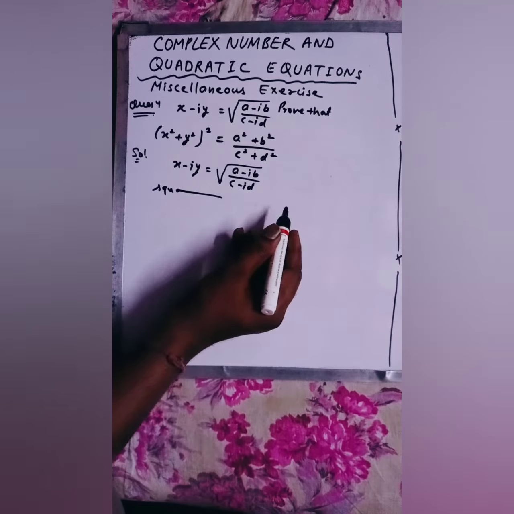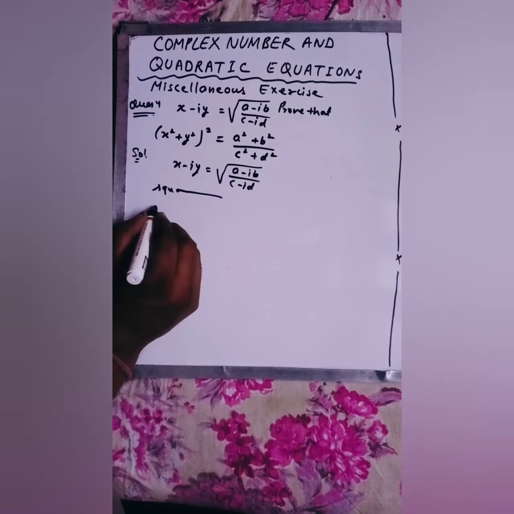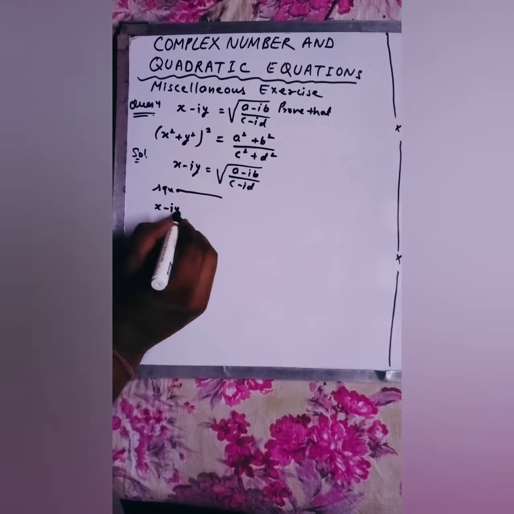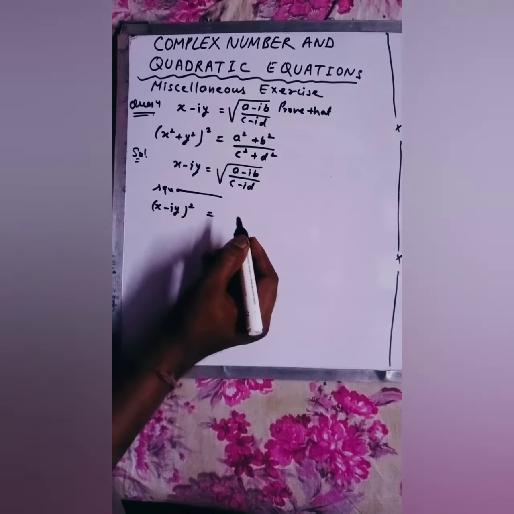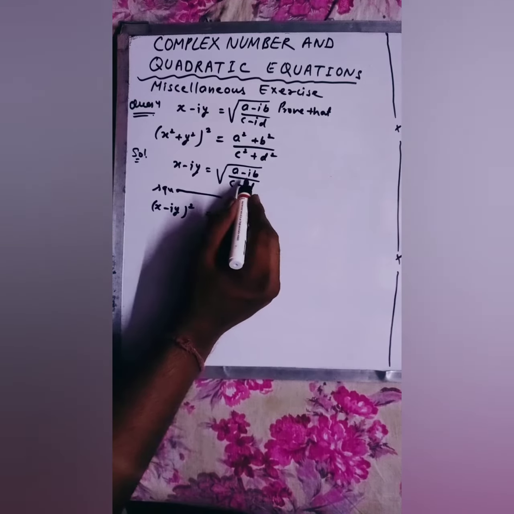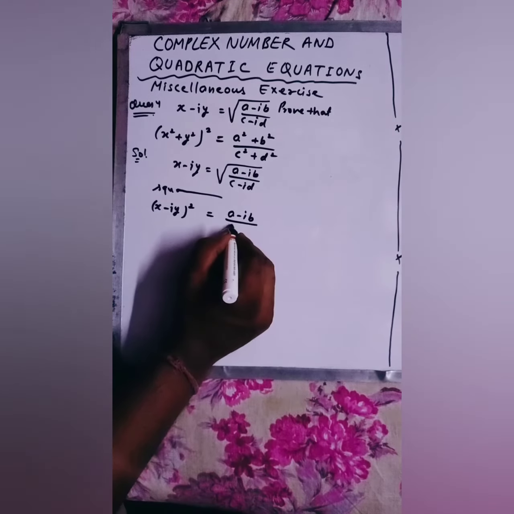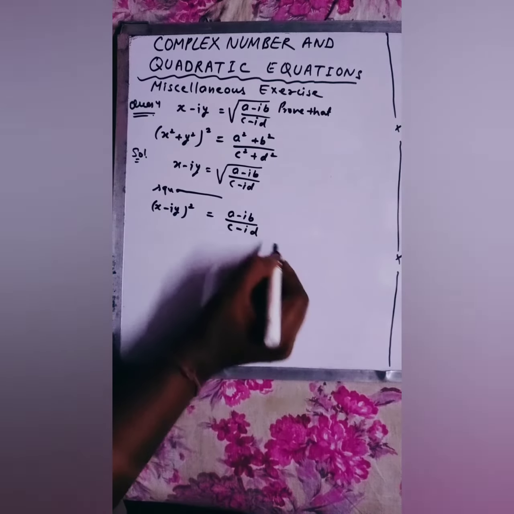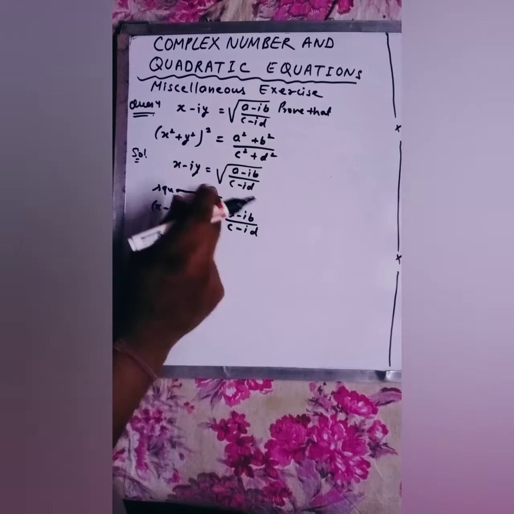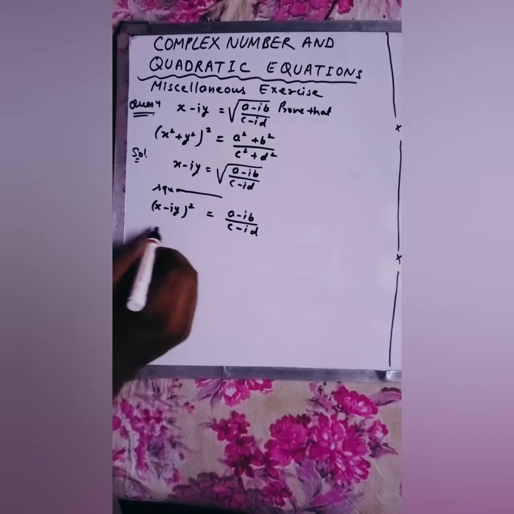Squaring both sides, you will get (x minus iota y) whole square equal to (a minus iota b) over (c minus iota d). Fine. Solve this.